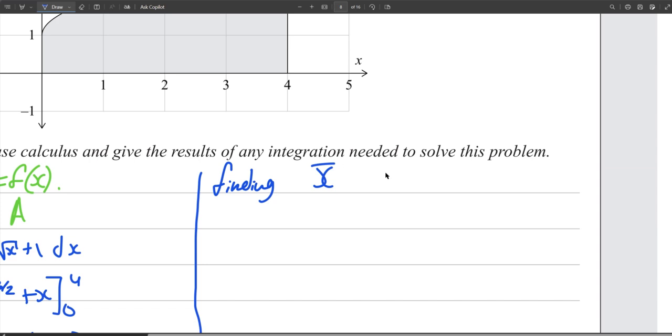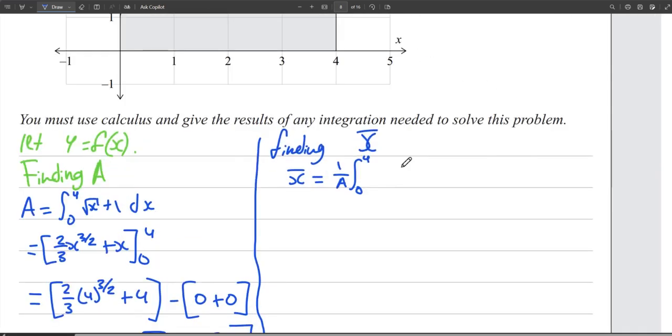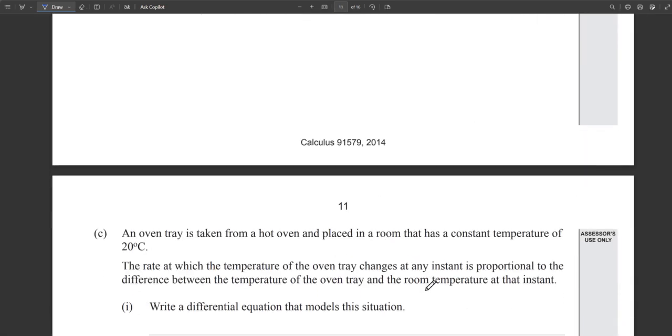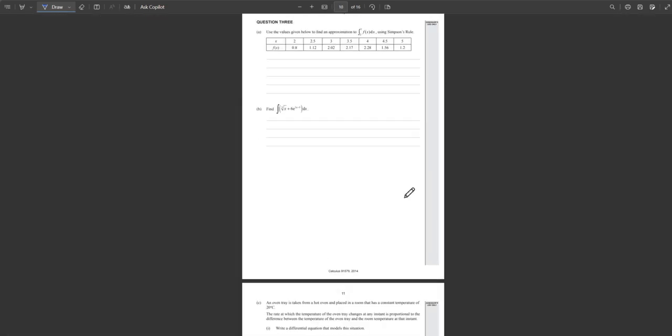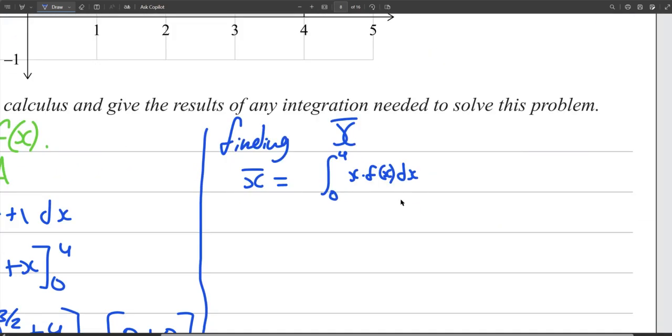Now our equation for x bar was x bar equals 1 over a times the integral from 0 to 4, x times f of x with respect to x. So I could just substitute this then for 3 on 28.